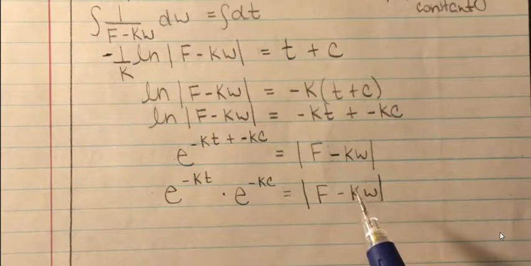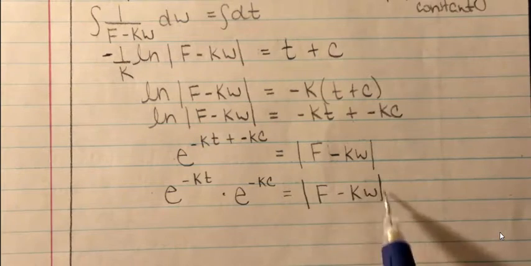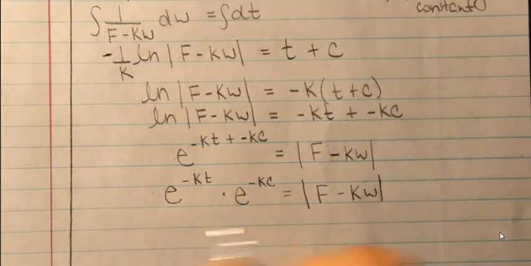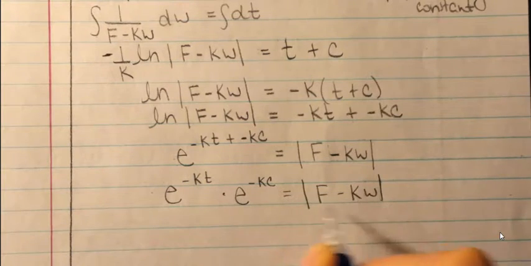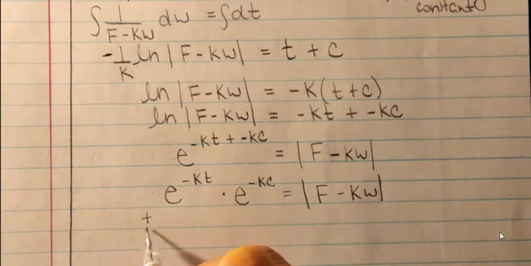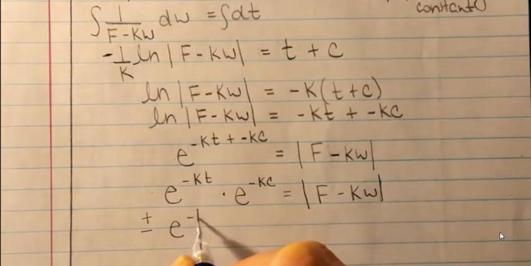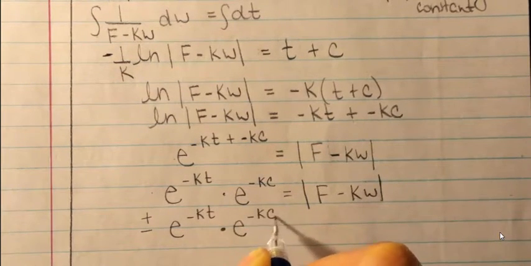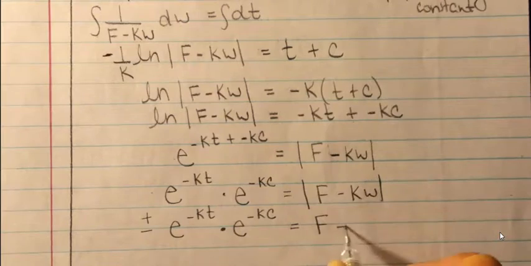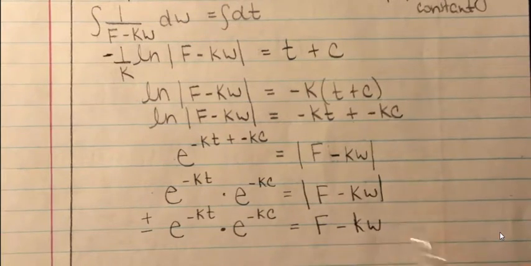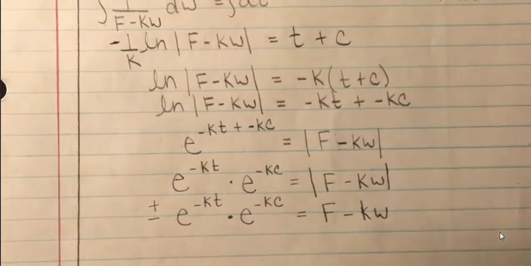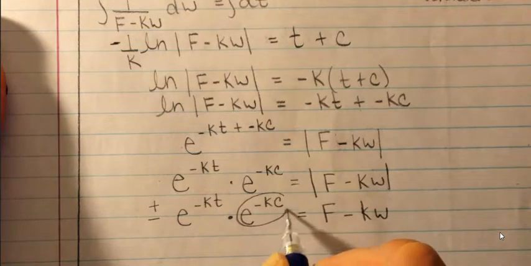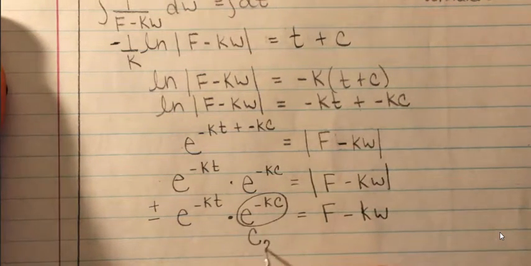Okay, so now what I want to do is get rid of these absolute value signs. If I want to get rid of this, I can say this side is either going to be positive or negative. But what we have to realize is that this right here becomes a constant. I'll call that constant 2.